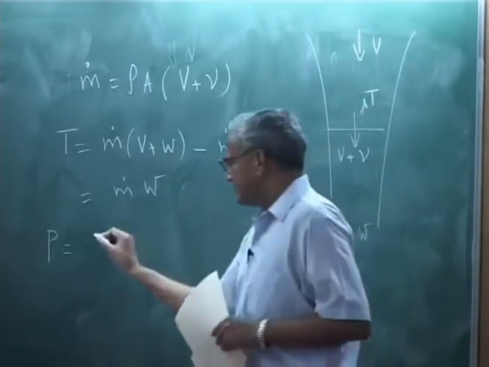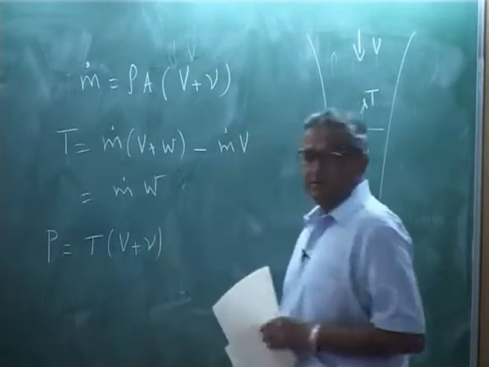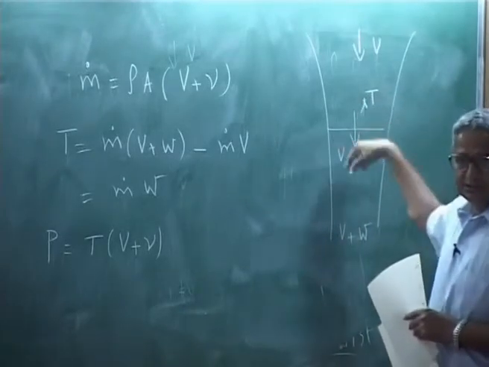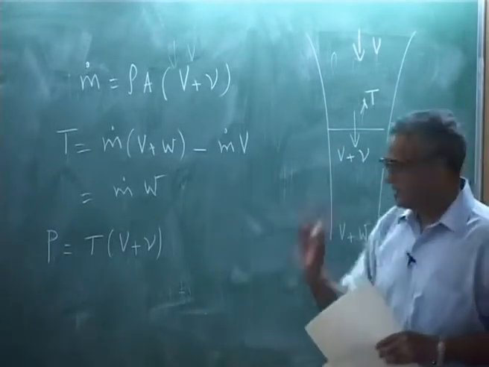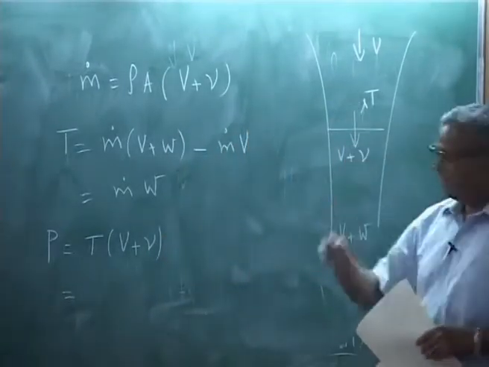Induced power P is thrust into V plus nu, because thrust is the force acting and V plus nu is the velocity there. This is the change in kinetic energy.